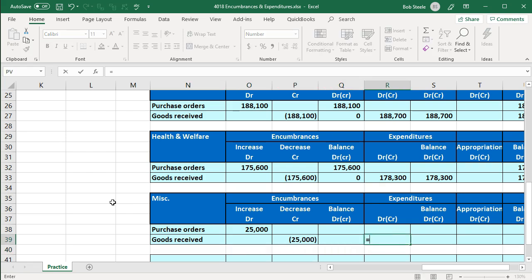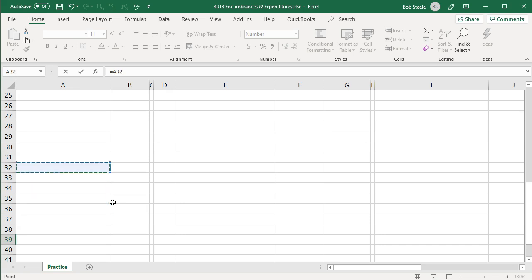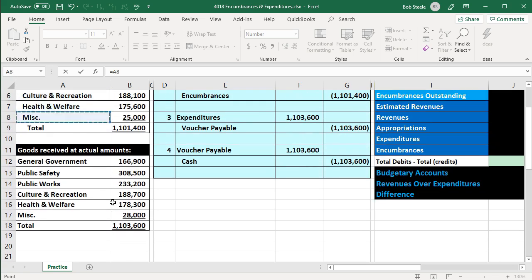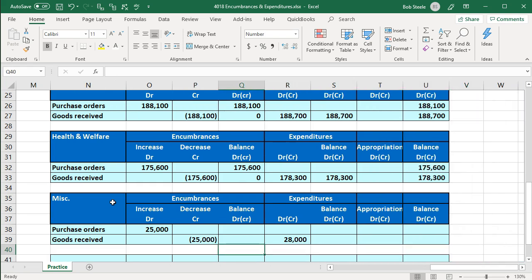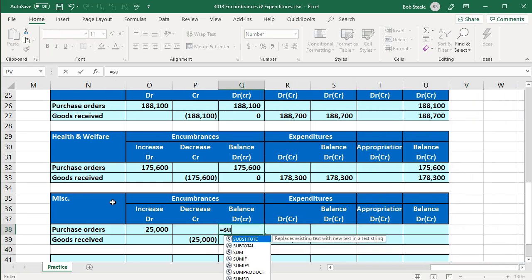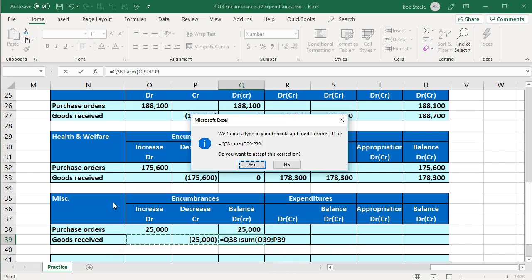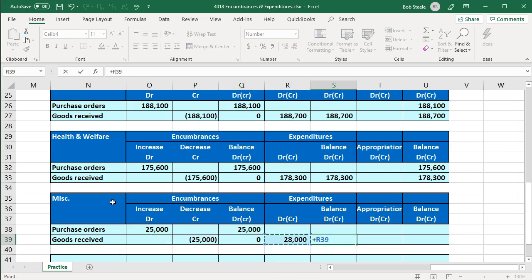The expense and the expenditure went up by something that could be slightly different. So the expenditure we're going to say is 28. And then we'll enter our balances. This equals the sum of these two. This equals the prior balance plus the sum of these two. And this is just going to be that same number.